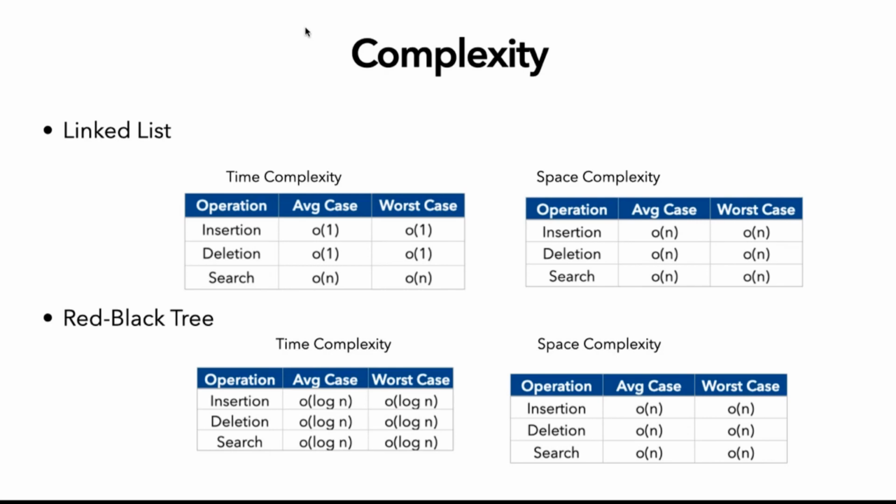For red black tree, the time complexity for insertion, deletion, and search in average and worst case scenarios is order of log n, and the space complexity for average and worst case for insertion, deletion, and search is order of n.